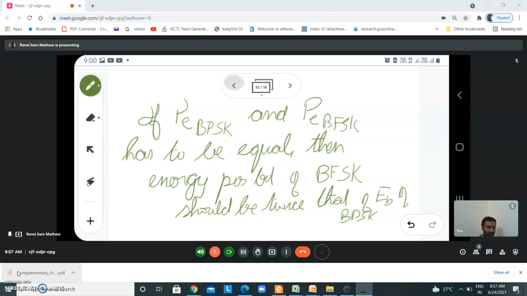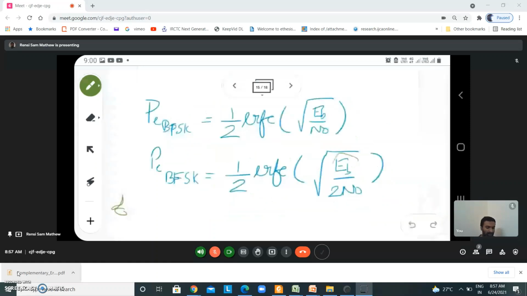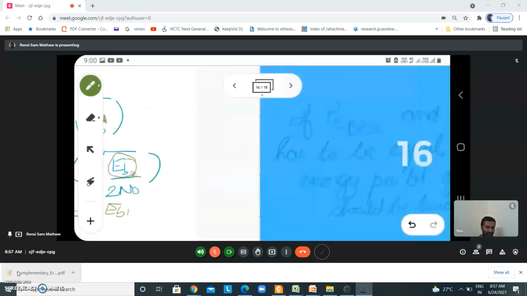Because if you want these to be equal, then this Eb should be 2 times that of this. So let us take this to be Eb1 and this to be Eb2. Then if they have to be equal, Eb2 should be 2 times Eb1. Then only if you substitute will you get both the same equation. Eb2 is that of BFSK. So the energy per bit of BFSK should be twice that of the energy per bit of BPSK. This is another important difference.